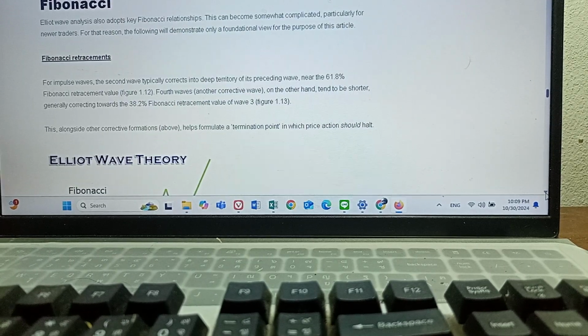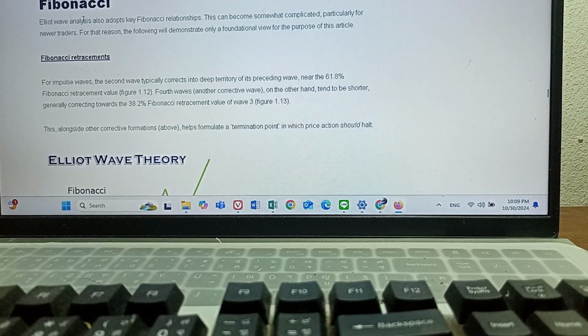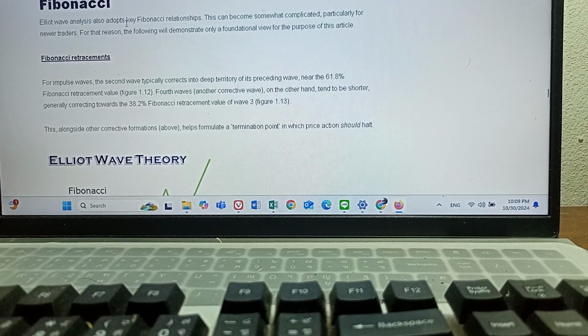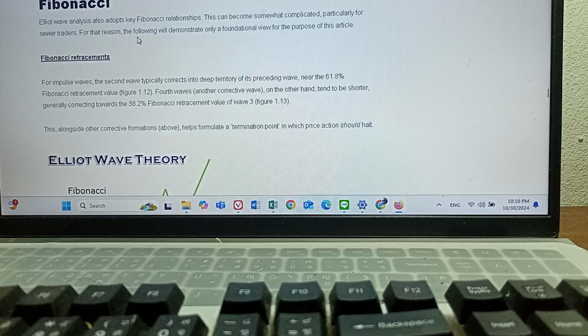Fibonacci. Elliott Wave analysis also adopts key Fibonacci relations. This can become somewhat complicated, particularly for newer traders. For that reason, the following will demonstrate only a foundational view for the purpose of this article.